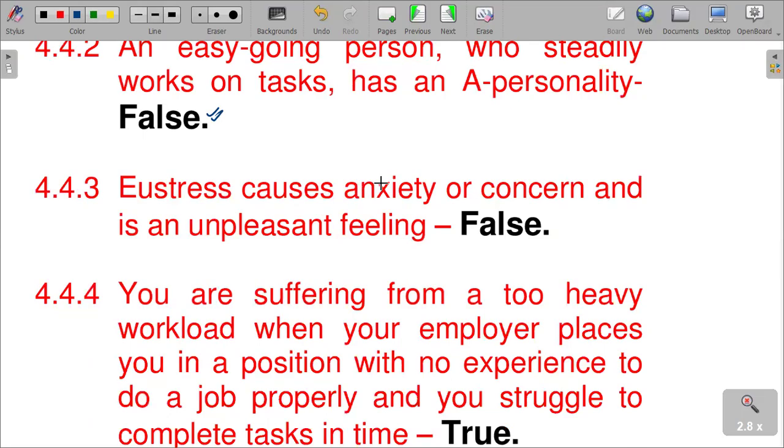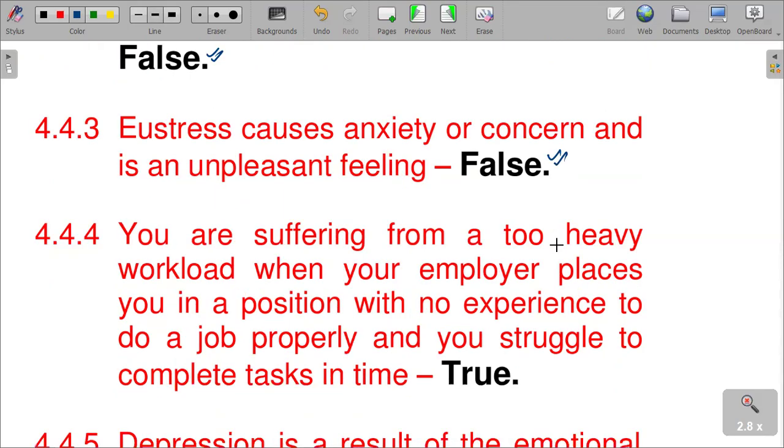That is, it does not cause anxiety. We are saying that is distress, which you are just coming from there. Sometimes these papers give answers within the question paper. So eustress does not cause anxiety or concern or unpleasant feeling, but distress does.